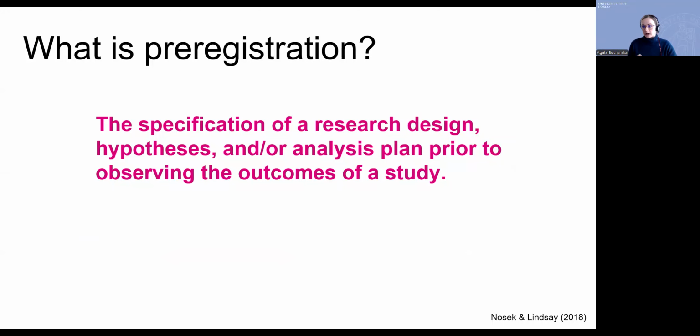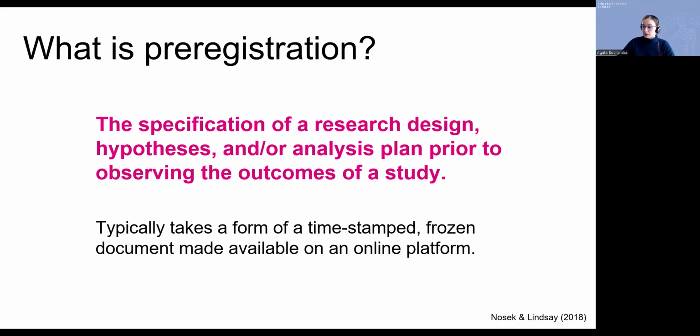We say and/or analysis plan because very often when you work with secondary data, you don't collect data and don't have a plan for data collection, although you probably still have a very specific plan for the analysis, and it's the analysis itself that is most important in that case. And it typically takes the form of a timestamped, frozen document made available on an online platform.